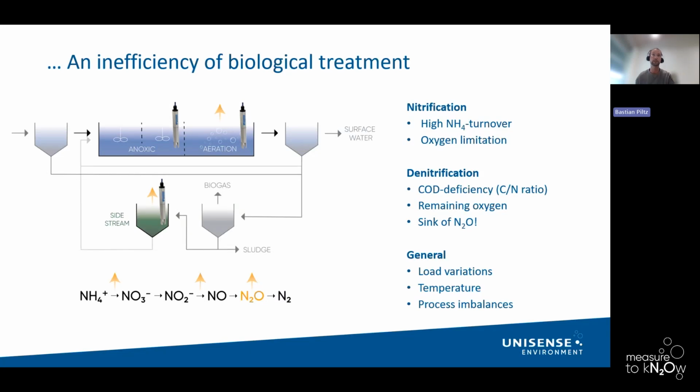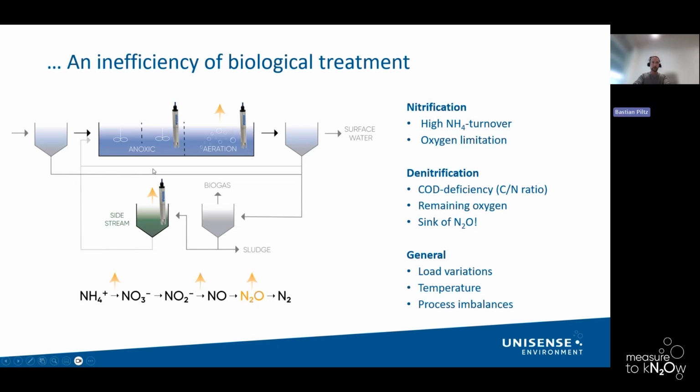And during denitrification, we already heard a lot about the carbon to nitrogen ratio being the most important part. Of course, well-working denitrification is a very, very efficient sink of nitrous oxide in your process. Generally, what you want to take care of is variations in load and anything that can throw your process out of balance. These will cause higher risk for nitrous oxide.